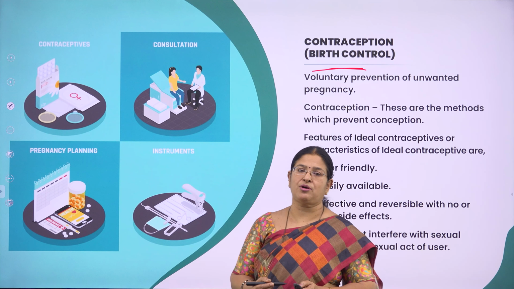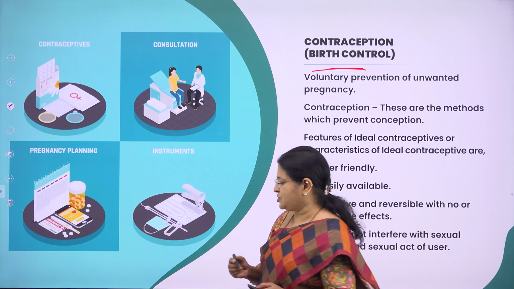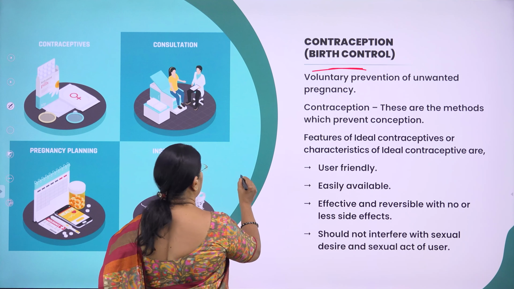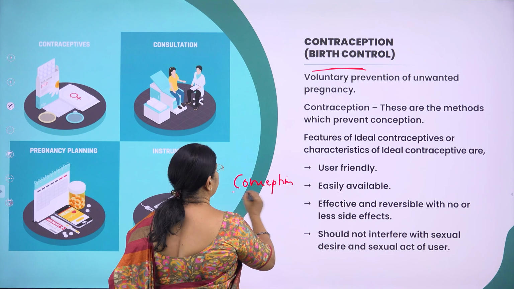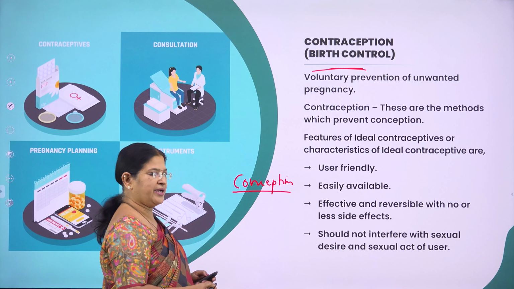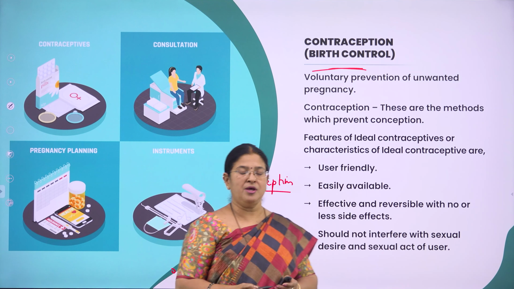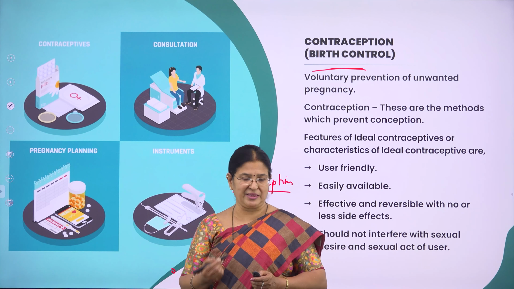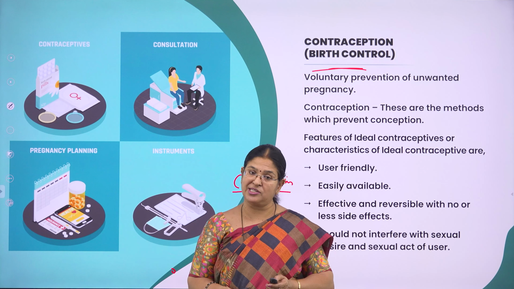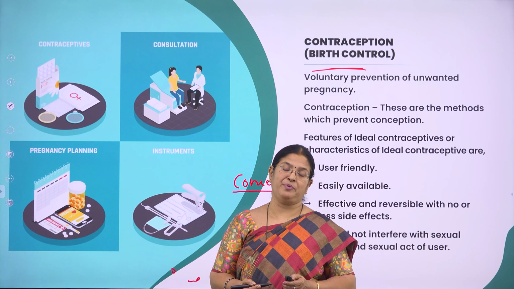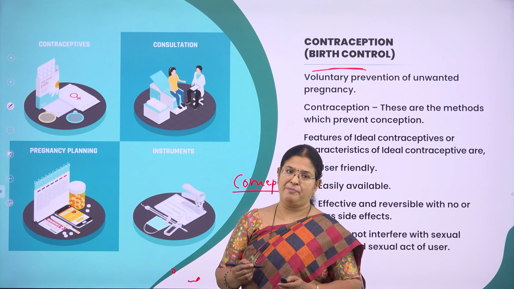So let us understand the word conception. Conception is nothing but pregnancy, or becoming pregnant. Prevention of conception is called contraception, and the methods that are implemented to prevent conception are called contraceptive methods.